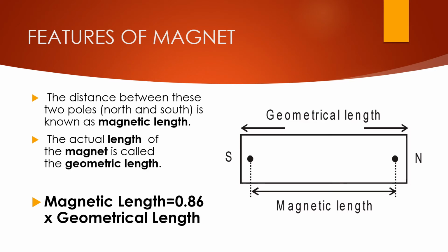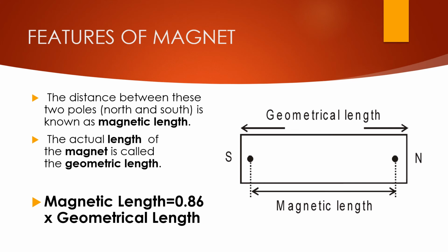Okay, so the next topic is features of a magnet. First, we'll study magnetic length. What is magnetic length? The distance between the two poles, that is the North Pole and the South Pole, is known as magnetic length. And what is geometric length?